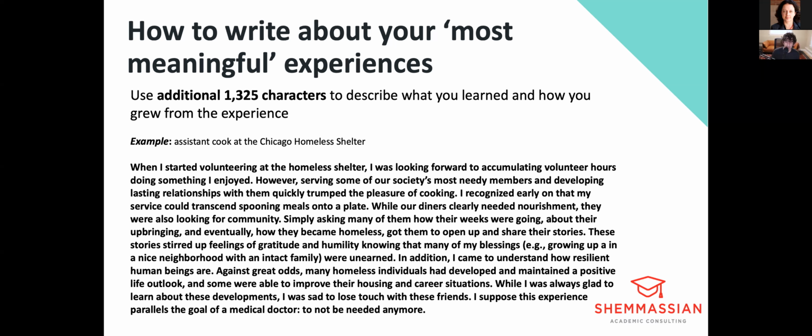The other thing I will say is if you look at the end, I suppose this experience parallels the goals of a medical doctor. It's not imperative for every single experience to end with a note about how it's going to make you a better physician or something like that. If it works, if it's an easy way to insert it, great. But if you force it, it'll sound super cheesy.